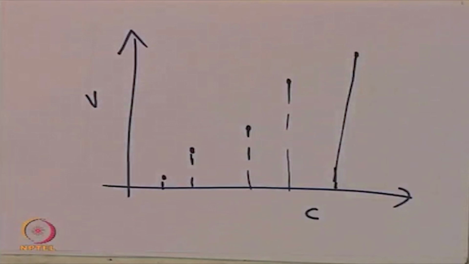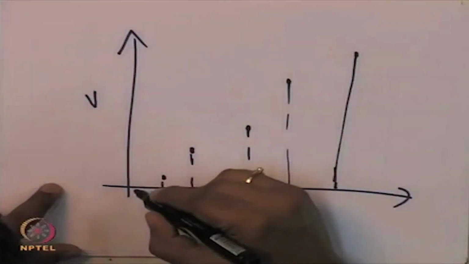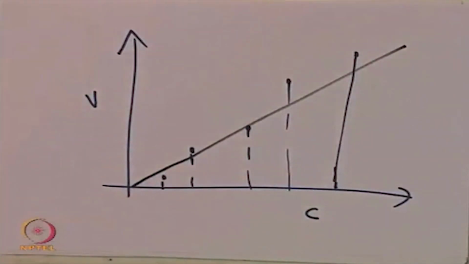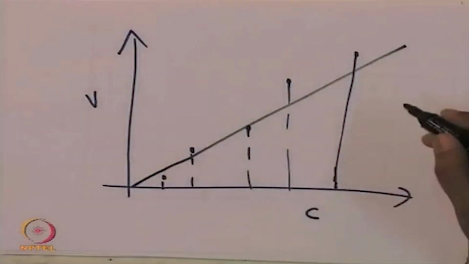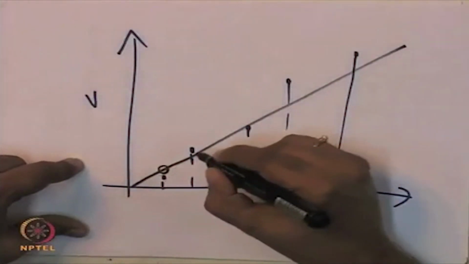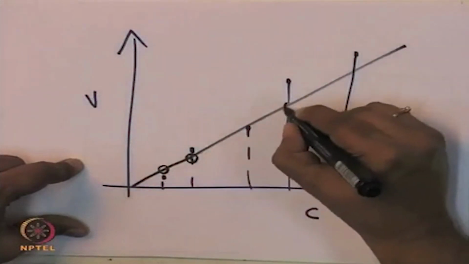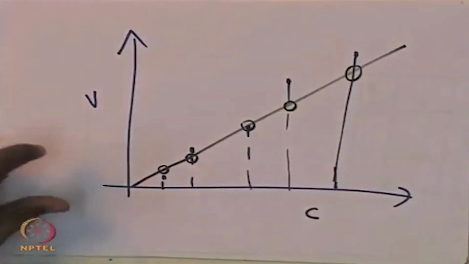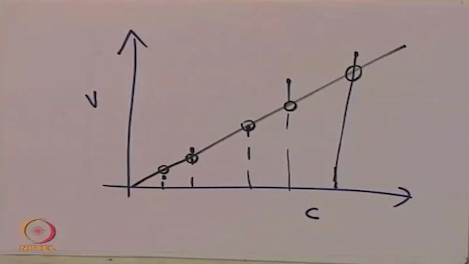Now, for the theoretical curve, let us say we get a best fit, which is something like this. Let us imagine here also for every C value there is a y value, which is theoretical. Whatever I show as a circle is a theoretical value.